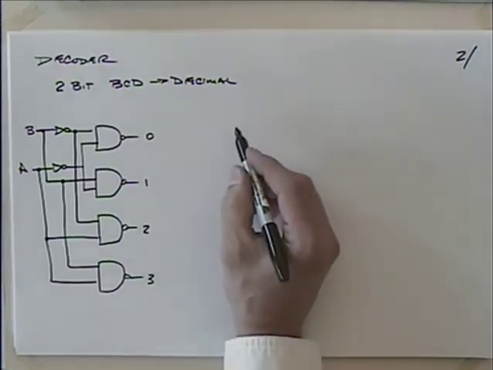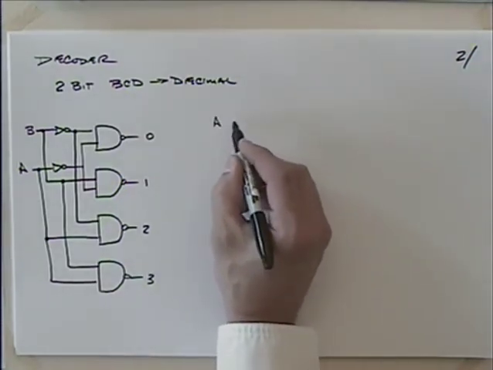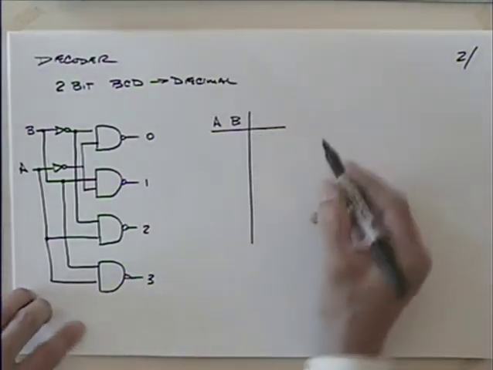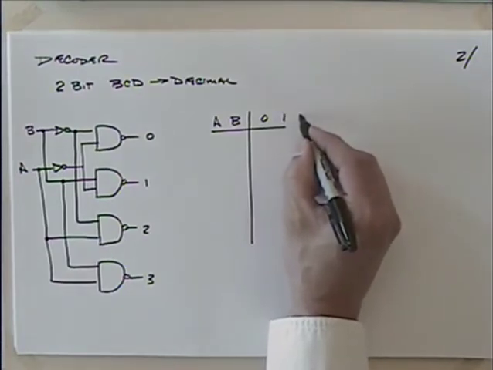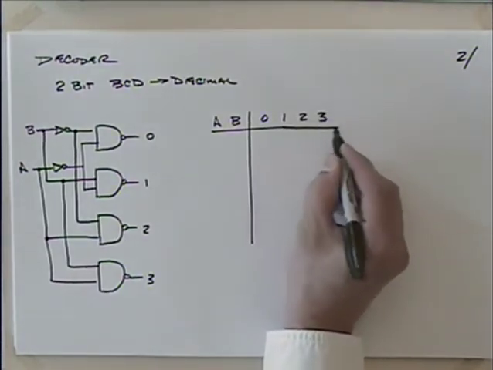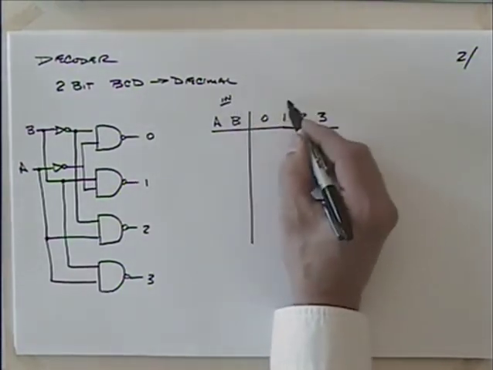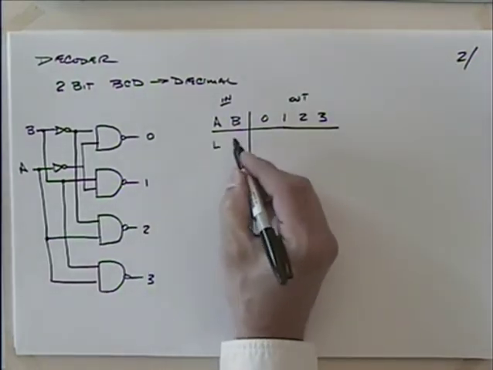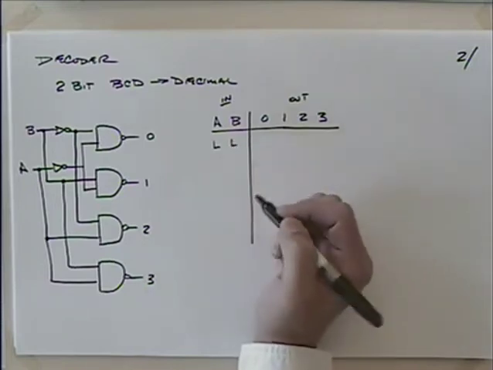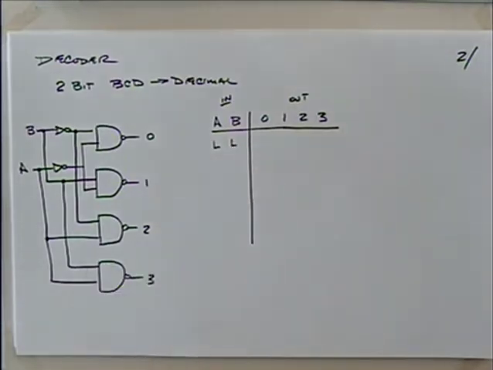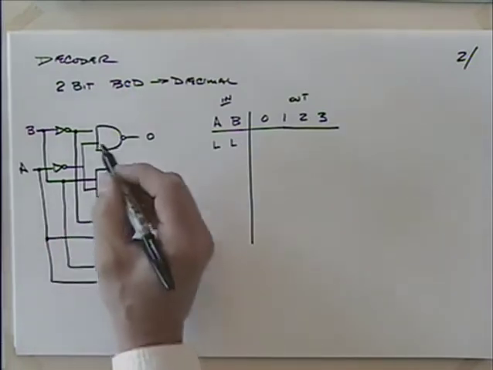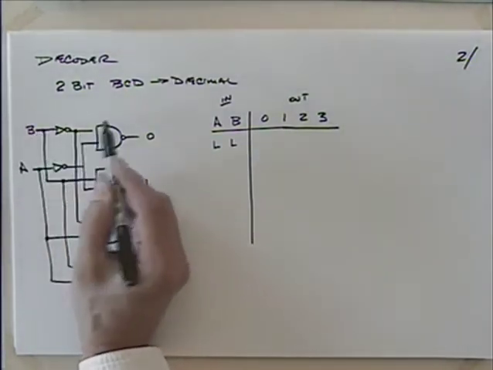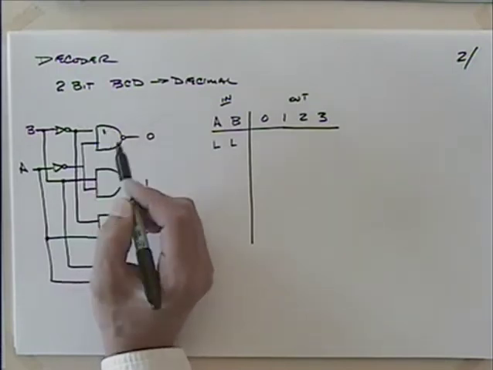So let's look at the truth table on this. If I have an input for the A and the B, and then we'll look at 0, 1, 2, 3 as our outputs. So there's in and out. If I have a low on A and a low on B, what am I going to come up with? If I have a low here, I will get a 1, right?